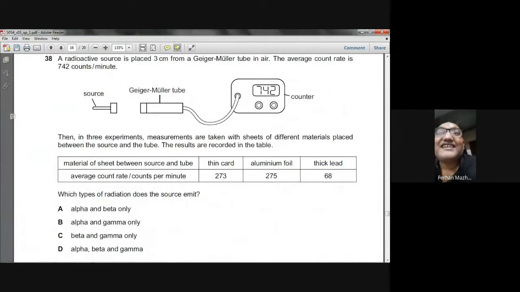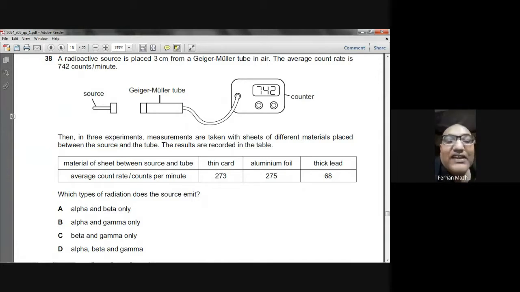You have not yet studied it. A radioactive source is placed 3 centimeter from a GM tube in air. The average count rate is 742 counts. So radiation is coming out of some source, and we have a GM tube. The GM tube is used to detect the radiation. It will tell you the radiation is here and how much radiation is here.